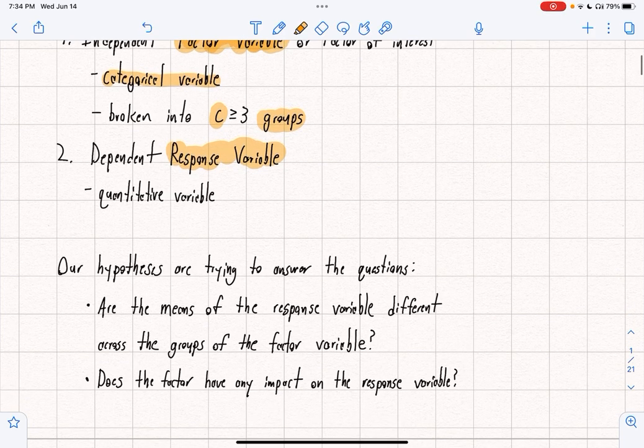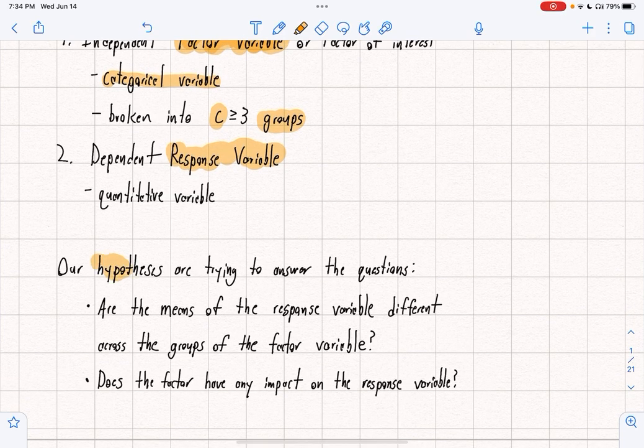So like our hypotheses, we're trying to answer the question: are the means of the response variable different across the groups of the factor variable? In other words, does the factor have any impact on the response variable?